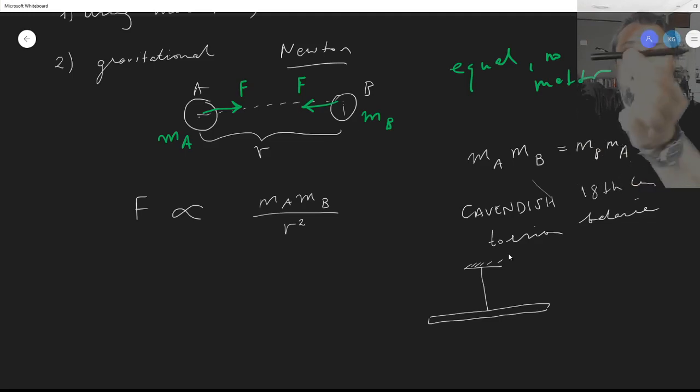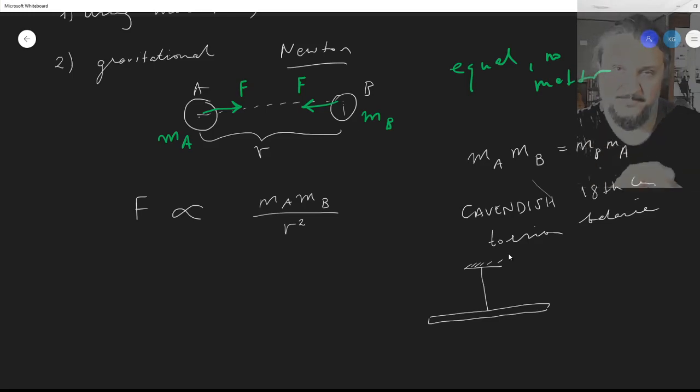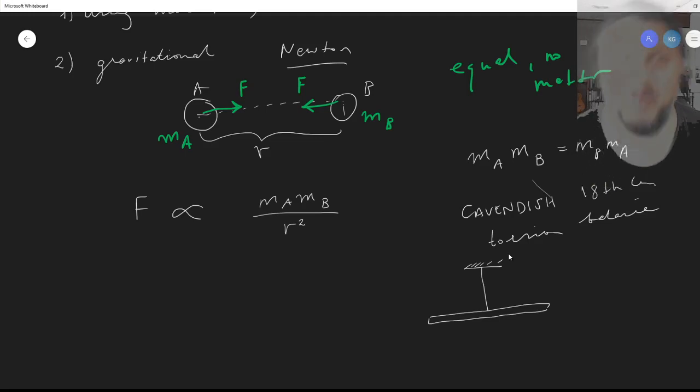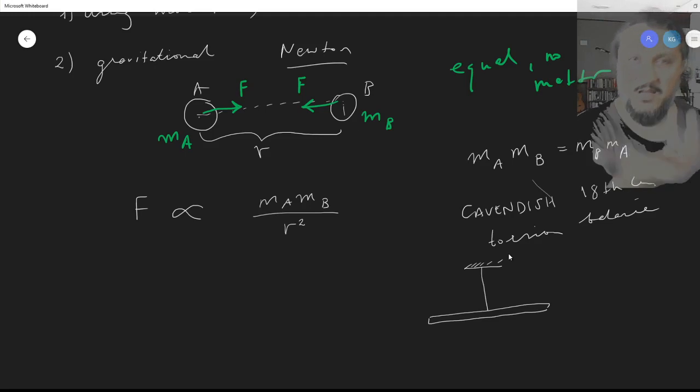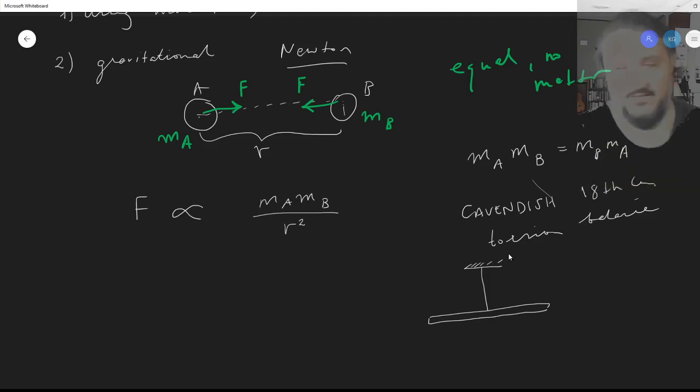Now it's not only balanced this way, but it's also balanced that way, because when you twist a wire, there will be a restoring force inside the wire. It acts like a spring. You might have seen some old clocks which work like that. They're in the glass, and then there are four, depending on the model, rotating like this.